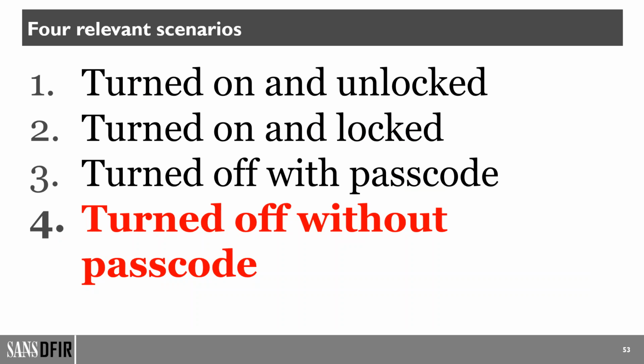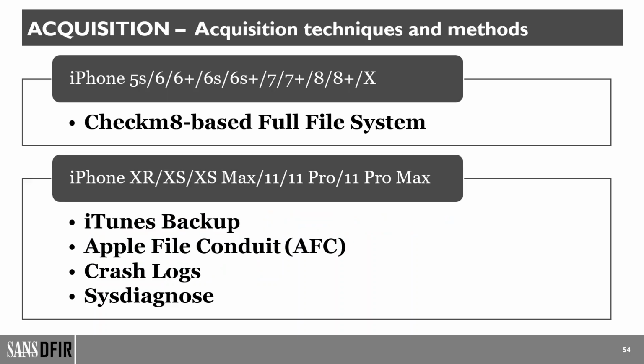Last case, turned off without a passcode. It means the phone is turned off, but there's no passcode, or we know the passcode. That is the easiest situation, but you have to take care of different things. First, if you have an iPhone from the iPhone 5S up to the iPhone X, so a phone that is vulnerable to the Checkm8 exploit, you can do a Checkm8-based full file system.